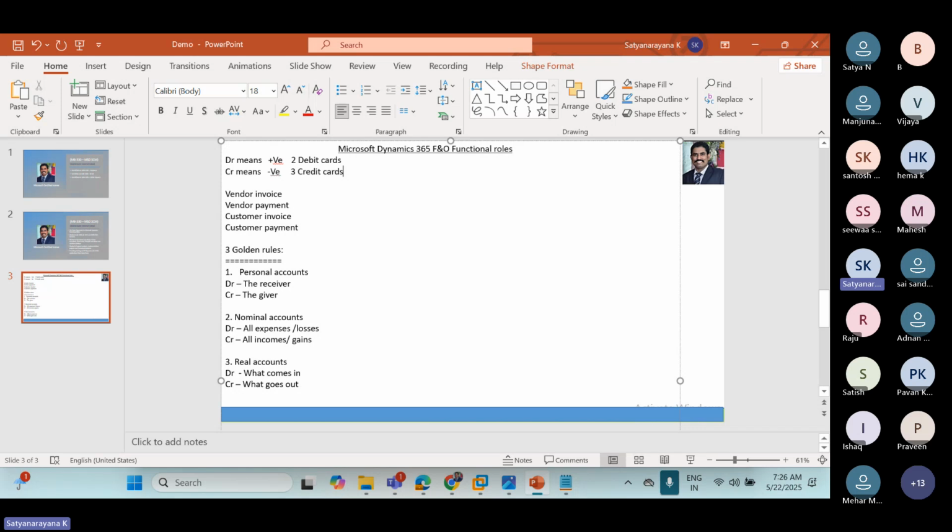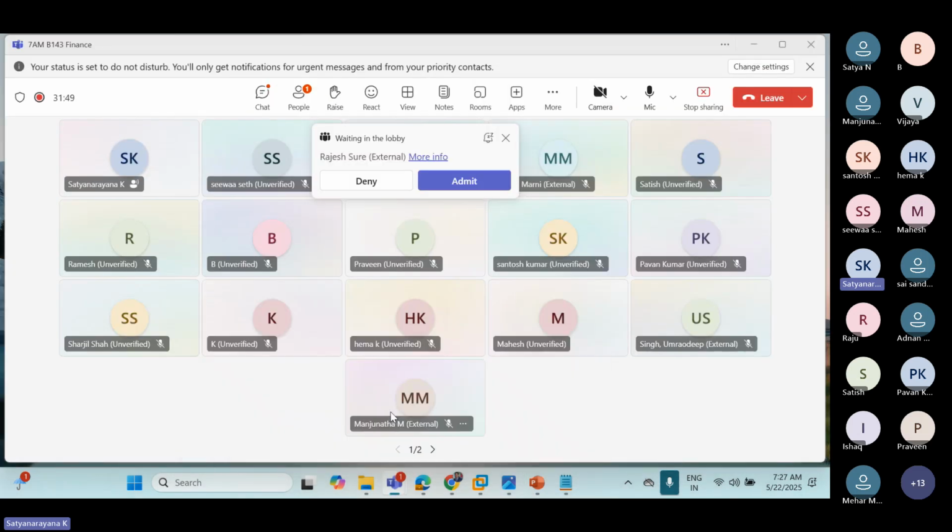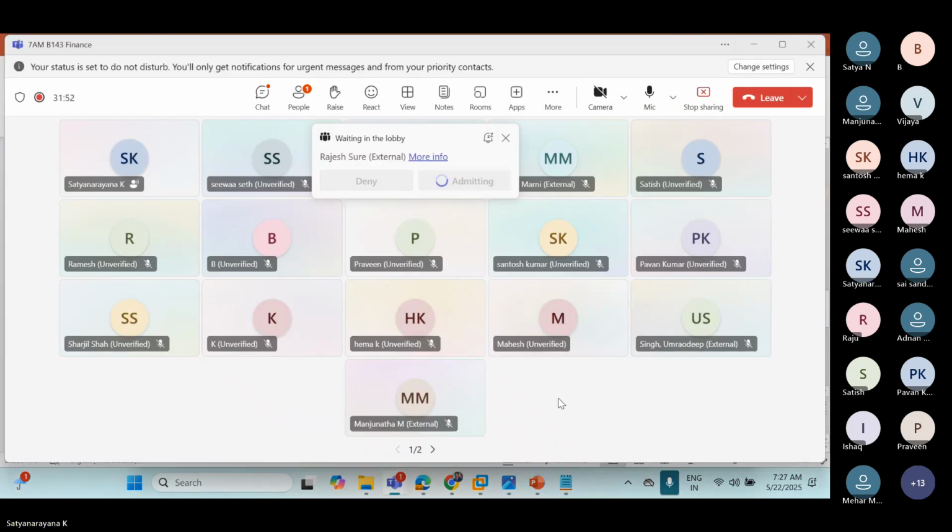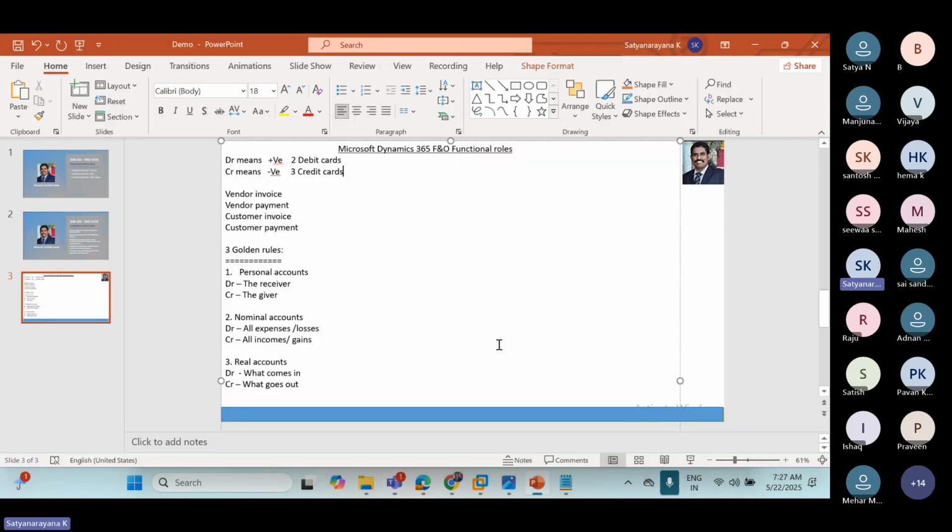Without any thinking, you can spend the debit card amount however you want. But the credit card is what the bank is giving. You are borrowing from the bank and you need to repay the money. It is credit. Credit means appu in Telugu. If you spend money from the credit card, you need to repay.